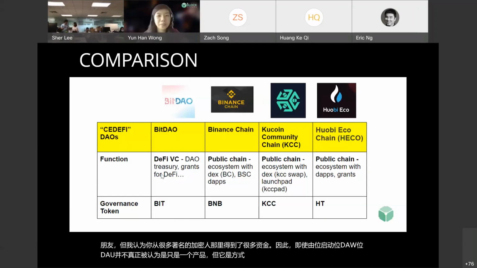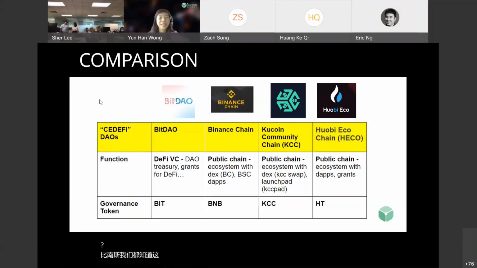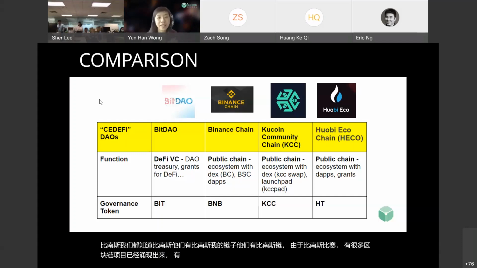What about the other exchanges? What are they doing? Binance. All of us know that Binance has Binance Smart Chain and Binance Chain. Due to Binance Smart Chain, a lot of blockchain projects have sprung up that are utilizing Binance Smart Chain dApps. Other than Binance, we also have KuCoin.